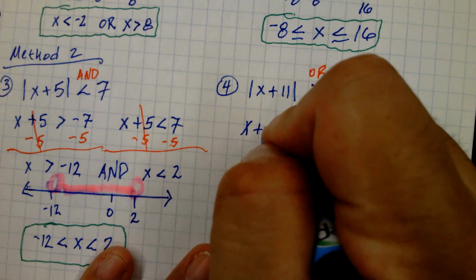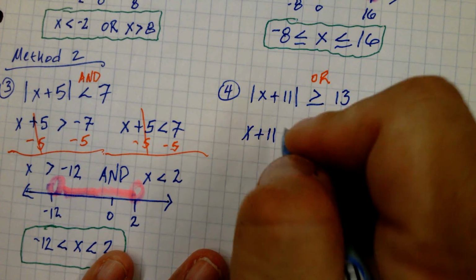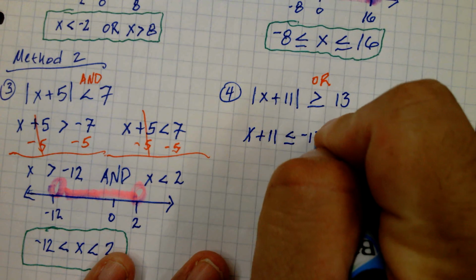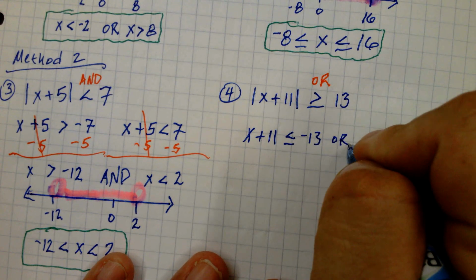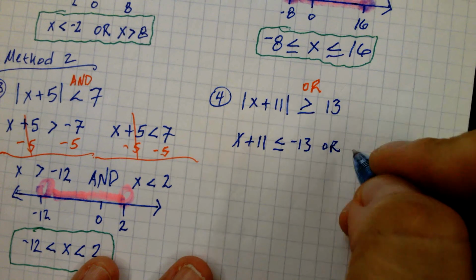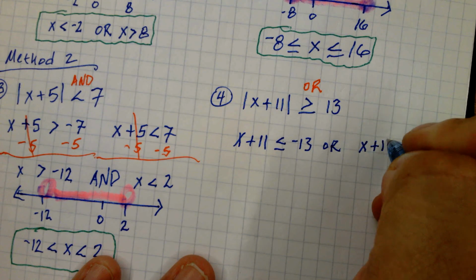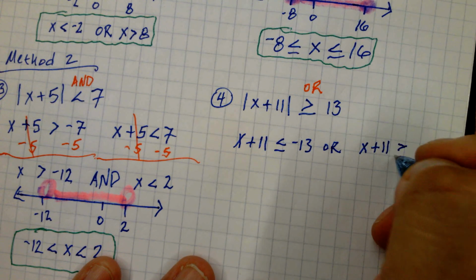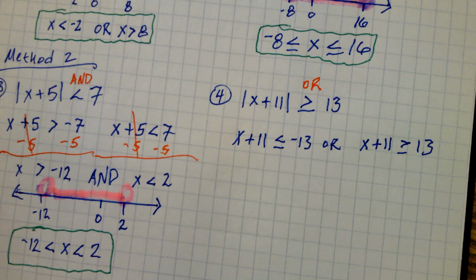X plus 11. Remember, we're going to flip this for the negative 13. And then we have an or. And then we have x plus 11, and we're going to keep it as greater than or equal to for the positive 13. Okay.